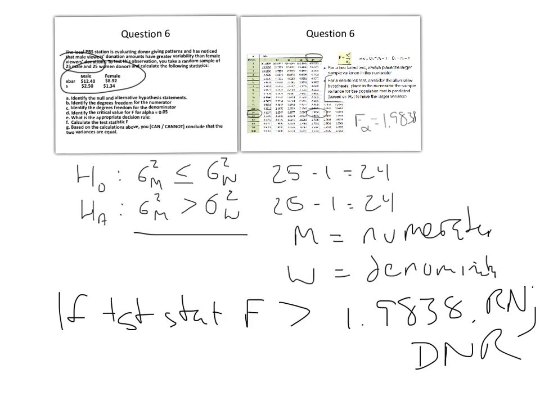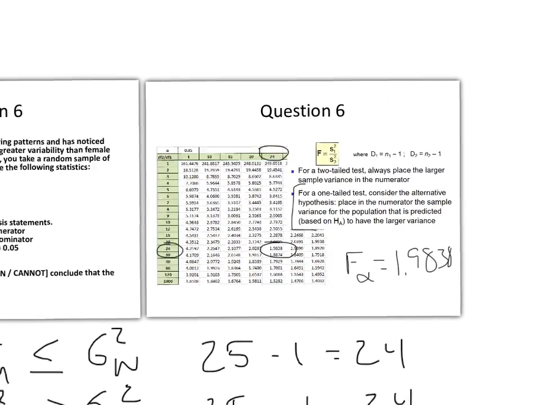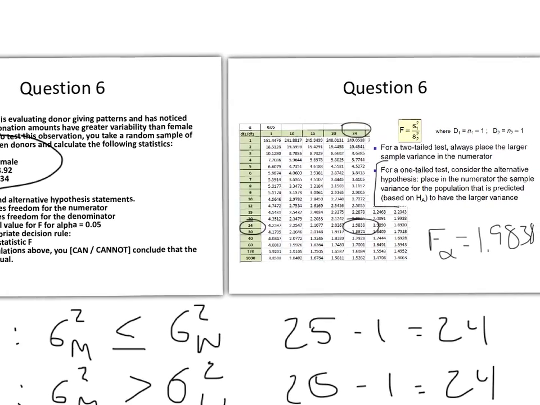We are all the way through part E, and now we need to calculate the test statistic. This is where that numerator-denominator thing comes into play again. So let's take a look back up here, and we're going to be using this equation right here to calculate our test statistic.